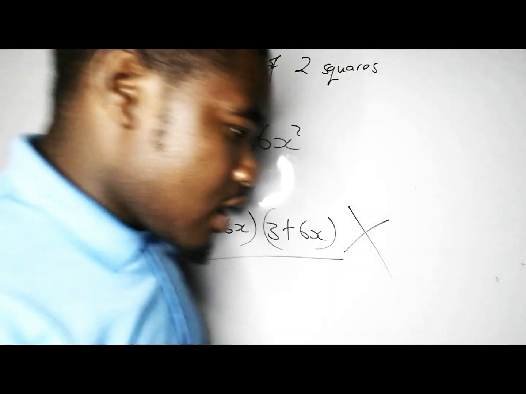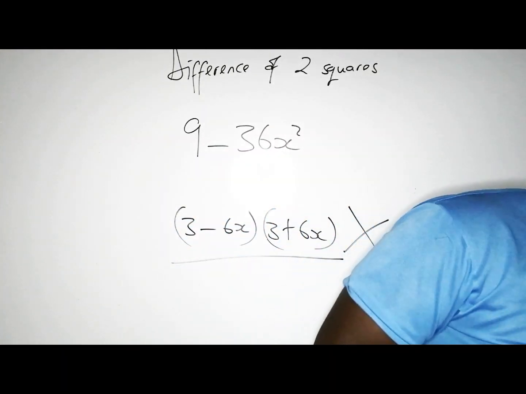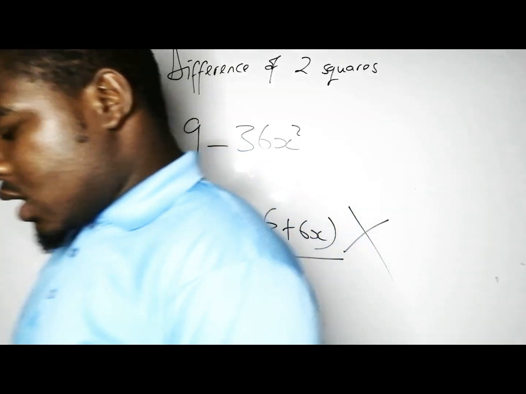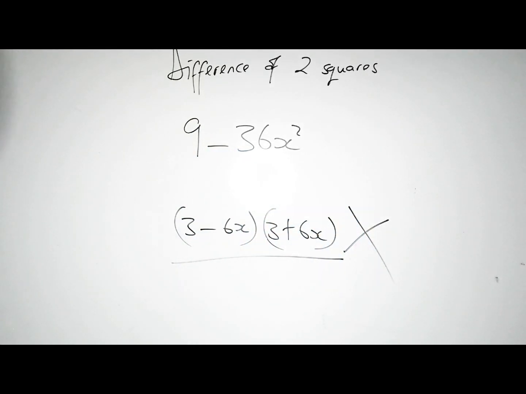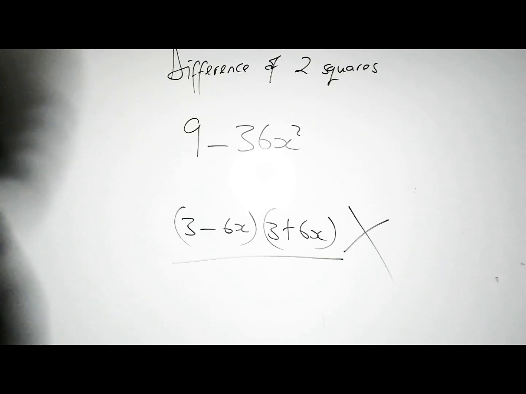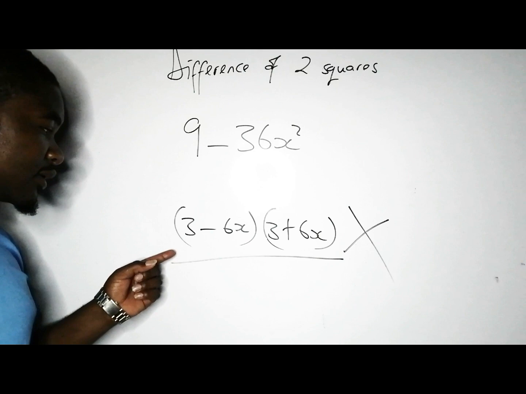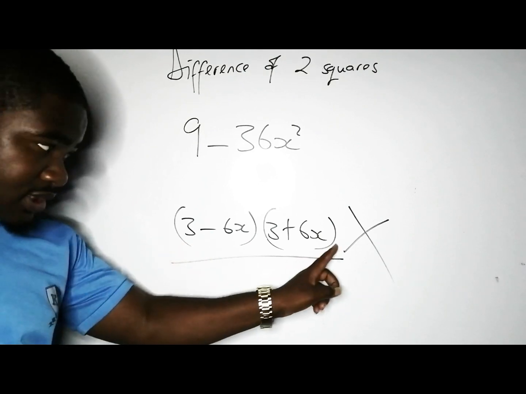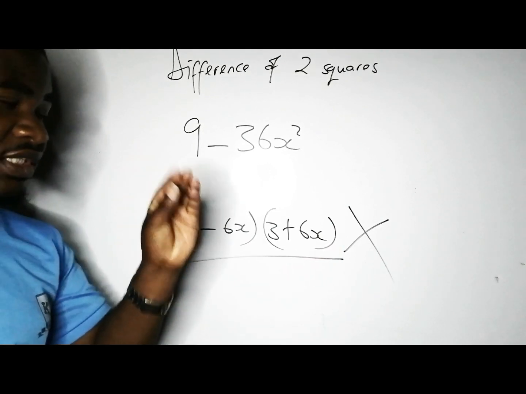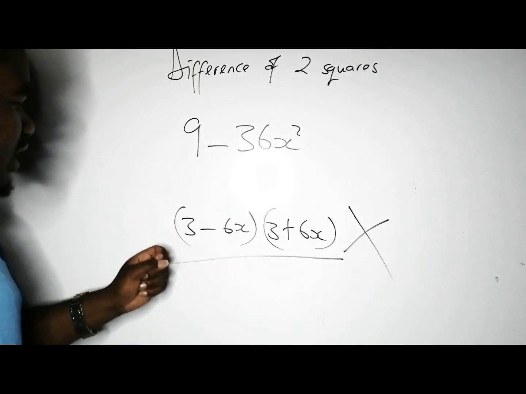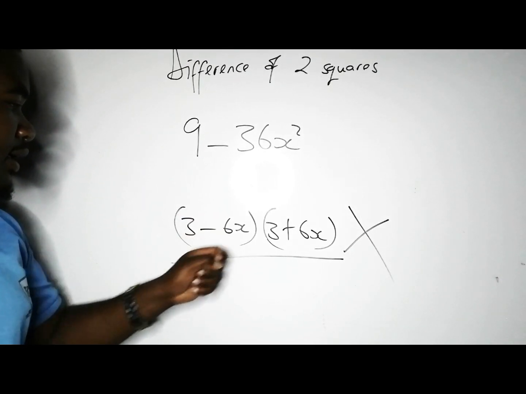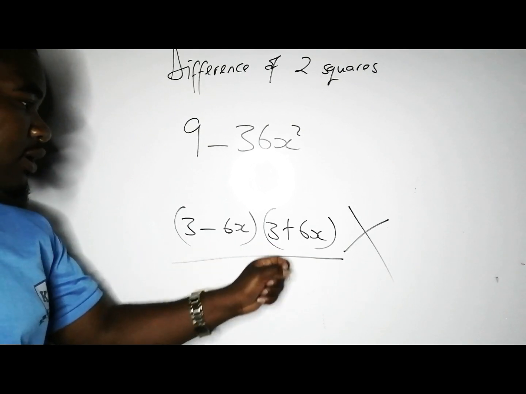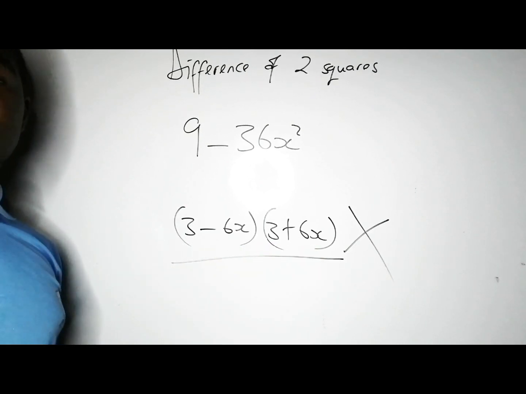The question says factorize completely, meaning to say you need to make sure that after factorizing, the only common factor that must remain is 1. If you find another common factor, which is like 3, 3 enters here, 3 into 3 is 1, 3 into 6 is 2, it becomes wrong.